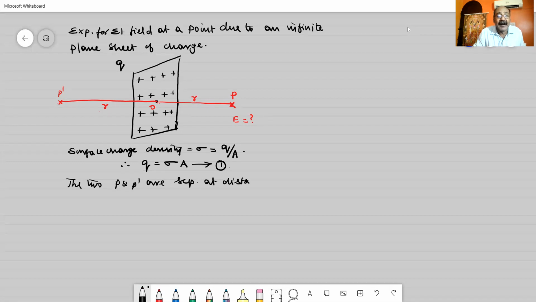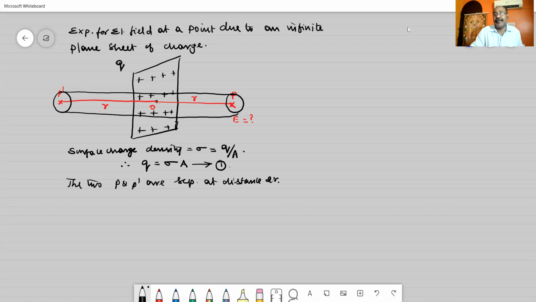Now, enclosing these two points, I am constructing a cylinder with two end caps at both ends, and the cylinder is piercing through the plane sheet of charge. The cylinder that I have considered has a total area A. So the area of the end cap of this Gaussian surface is considered to be A.